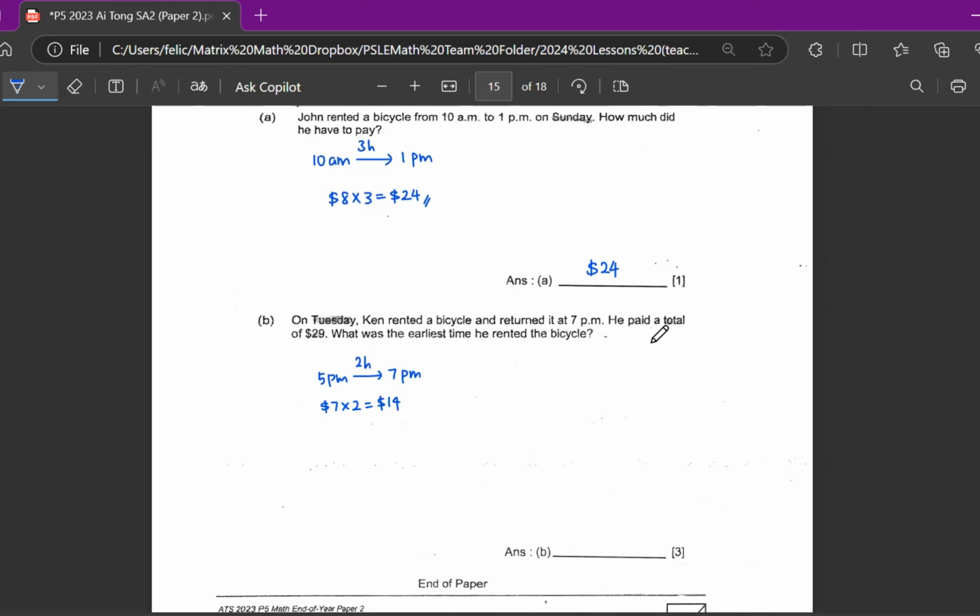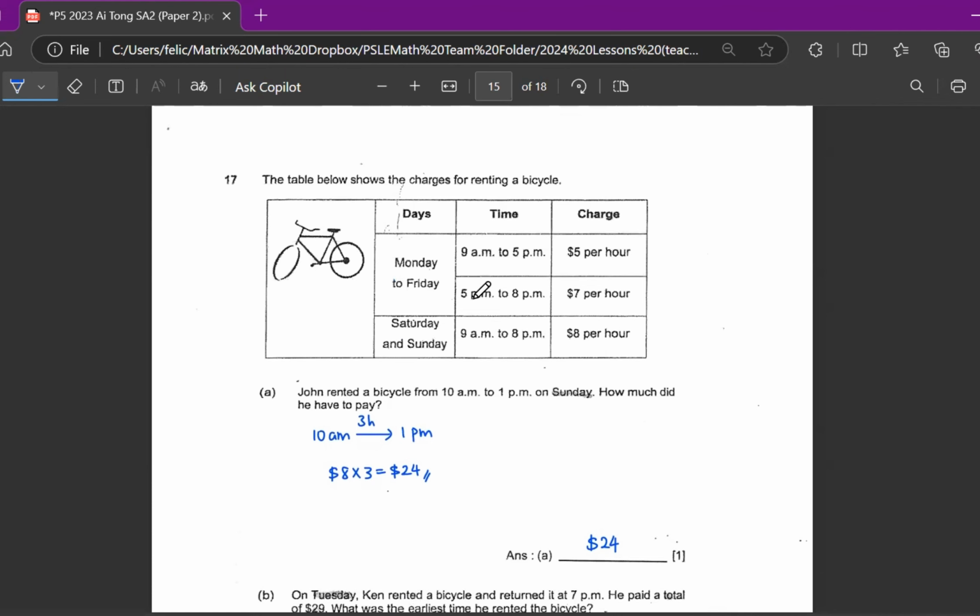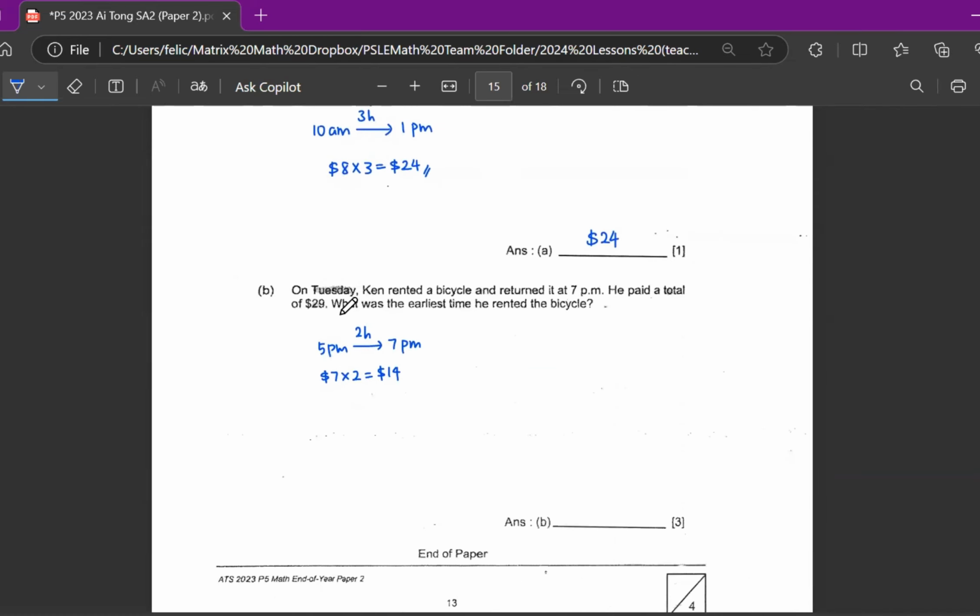But if you read the question, in total he actually paid $29. So it must mean that Ken rented the bike before 5 p.m. He must have rented for more hours prior to that. So what you can do is use your $29 minus away the $14. So what does the $15 mean?